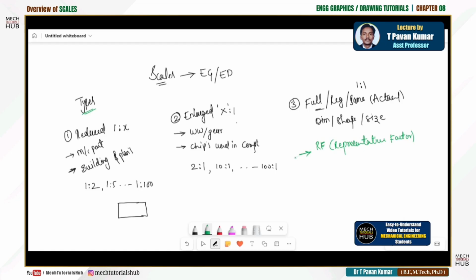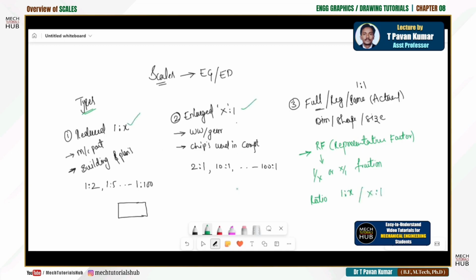Scale is also the same as RF, but the only difference is that RF is always expressed in terms of a fraction, like 1/x, or it could be x/1. But scale is always expressed in terms of a ratio, maybe 1:x as I discussed before, or else x:1.